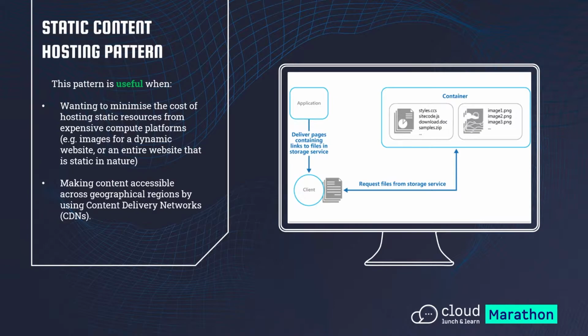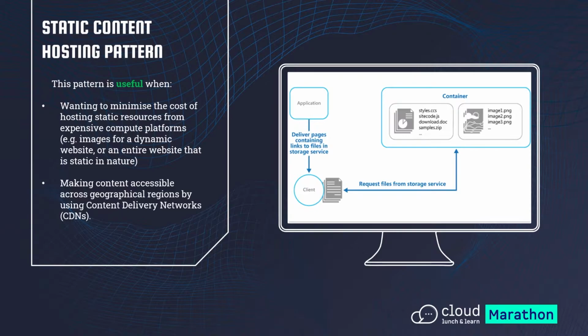Whether you're just focusing on images for a website that is dynamic or on an entire website which is static in nature, it allows you to minimize the cost, because you can host these assets in storage, which is typically cheaper than running an underlying server or compute.